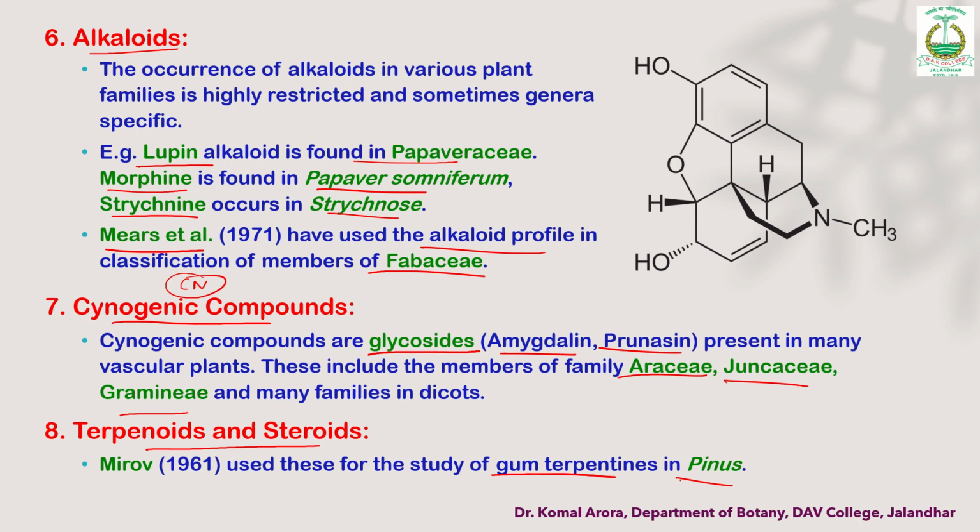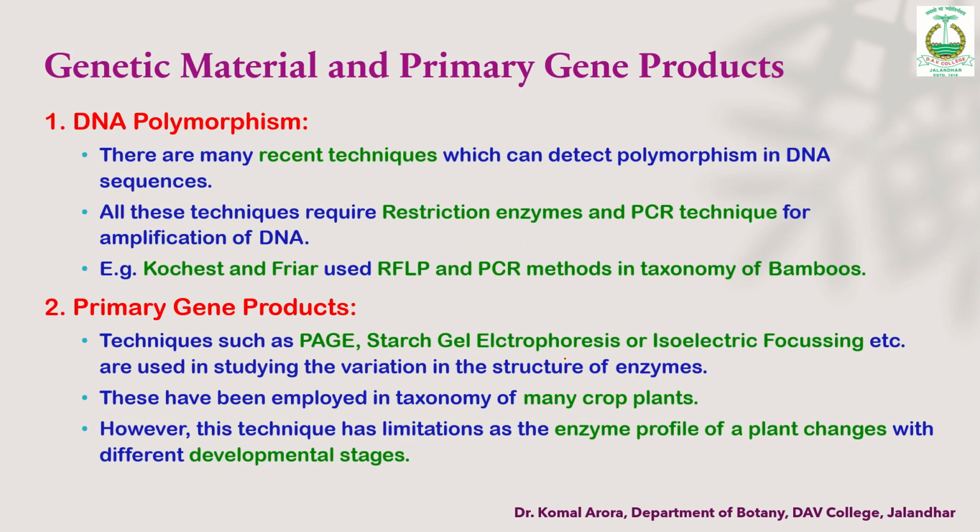So most of the compounds in which you find some kind of aroma or essential oil have an abundance and a variety of terpenes present in them. The second compound here is steroid, which is also used for this purpose. So that was all about where secondary metabolites are used for taxonomic studies.